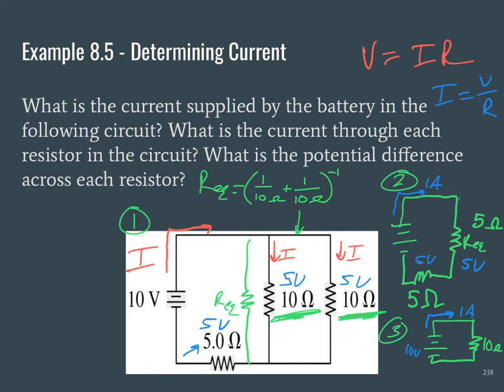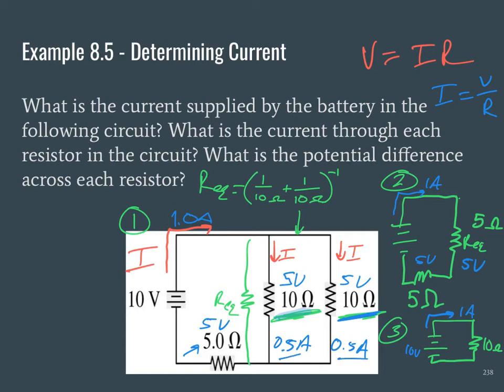Now, what about the current going through each of the branches? Well, 5 volts divided by 10 ohms is 0.5 amps. And likewise right here, 5 volts divided by 10 ohms, 0.5 amps, which makes sense because Kirchhoff's junction law states that I have 1 amp of current leaving the battery that splits, and the sum of the current before has to equal the sum of the current after.